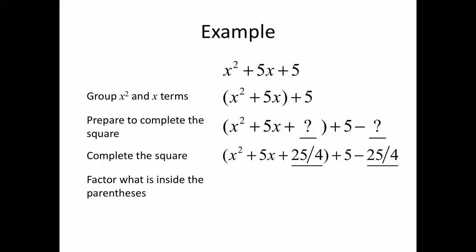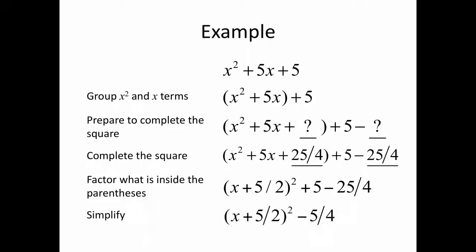Next, we factor what's inside the parentheses to x plus 5 halves squared, and then simplify what is outside the parentheses. And x plus 5/2 squared minus 5/4 is the result of completing the square on x squared plus 5x plus 5.